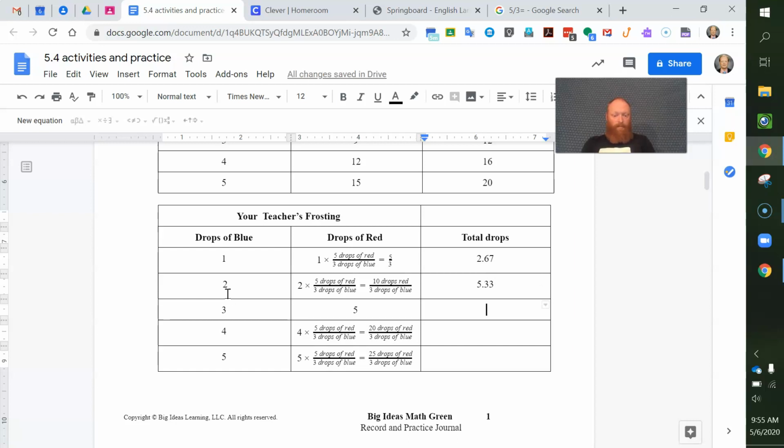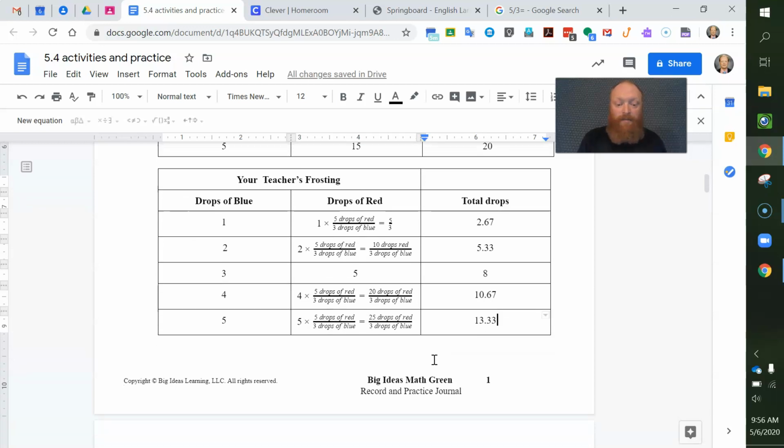This would be 8. This goes in 6 2/3 times plus 4, so 10.67. 3 goes into 25 8 times and 1/3 plus 5 is 13.33. Okay.